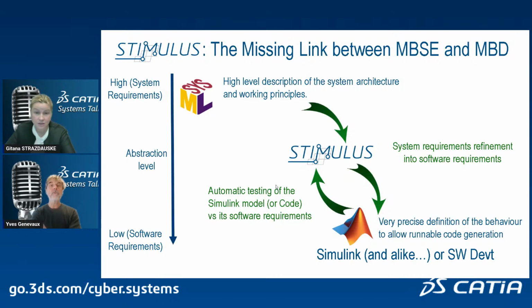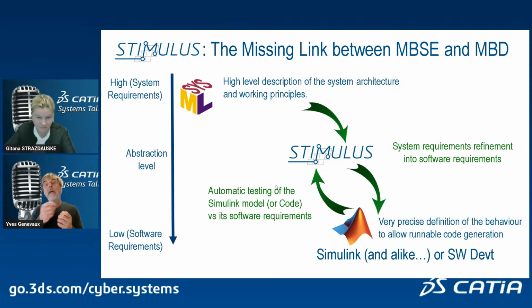Okay, and I can summarize basically. Sorry, Gitana. So Stimulus, as I mentioned, is in the middle of high-level system definition with SysML and low-level system implementation, software or hardware, whatever.